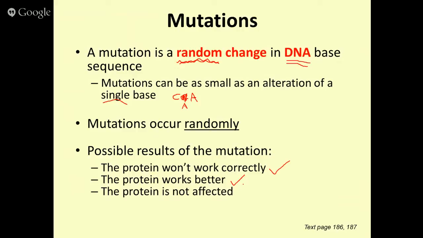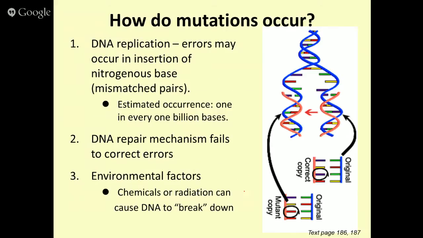So sometimes you can get a mutation that changes your protein so it works better, but this second one is very rare. Usually what happens is the first one, where the protein changes and won't work correctly. And then there's a third option, which is that the protein is not affected. We'll see more about these three when we start learning about missense, silent, and nonsense mutations.